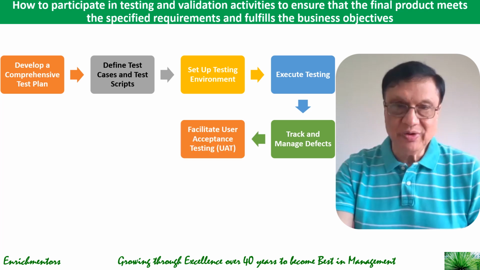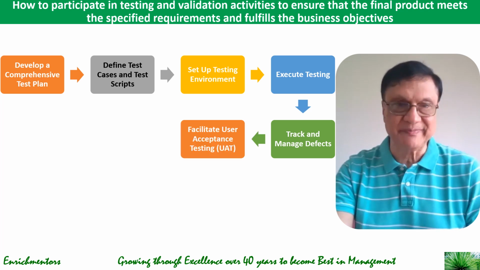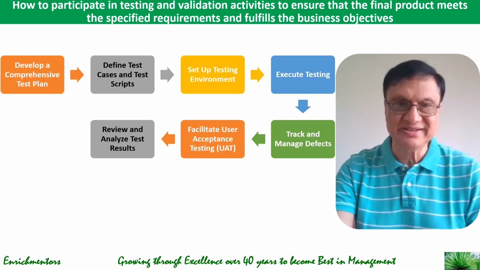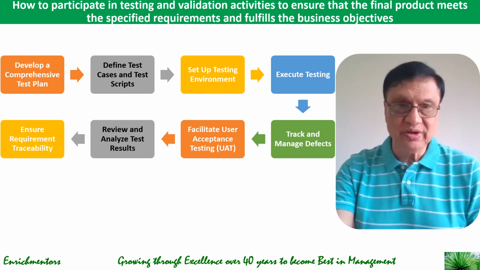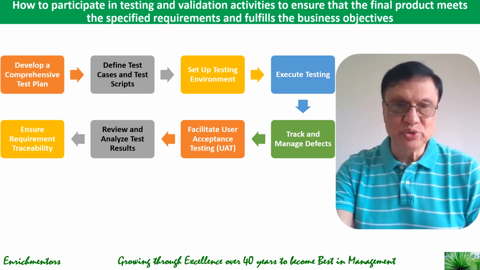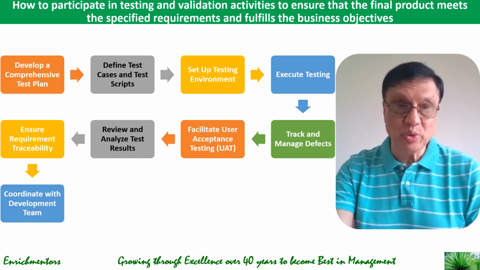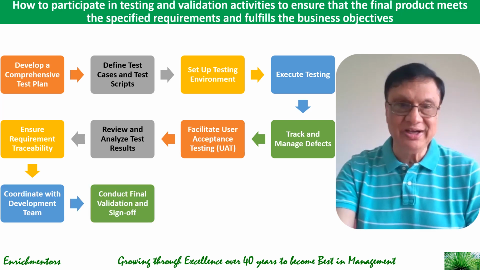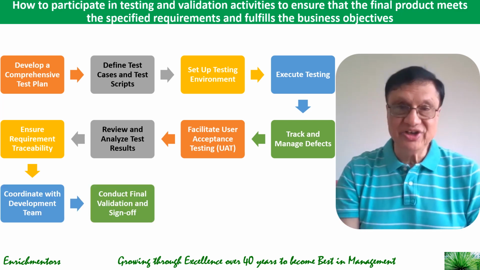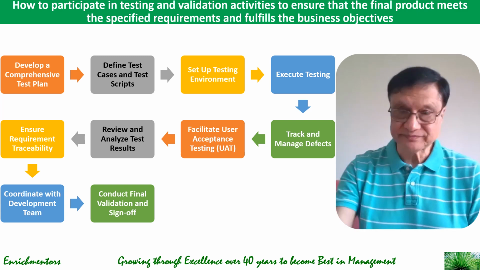A very important part is to facilitate user acceptance testing. Then finally, review and analyze test results, ensure requirements traceability using the metrics that we talked about, coordinate with the development team, and conduct a final validation and sign-off.